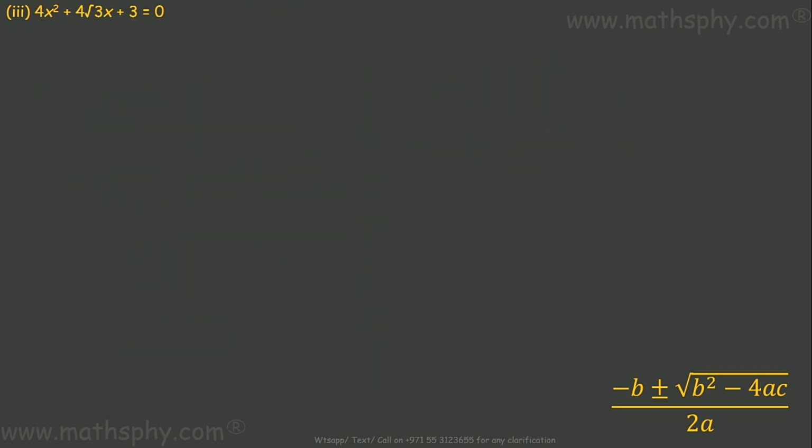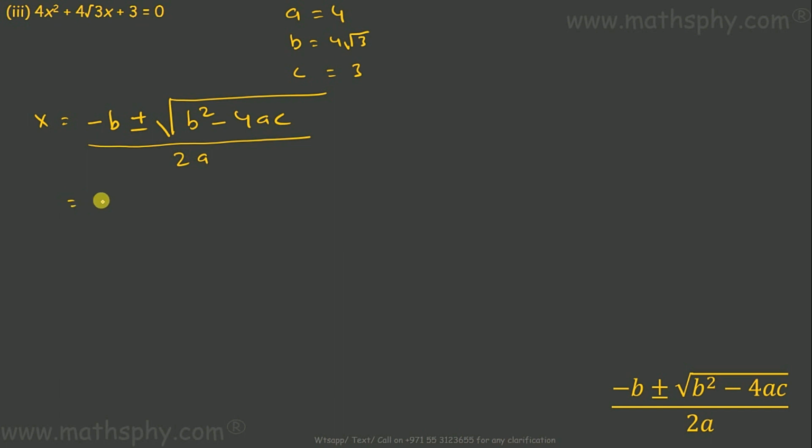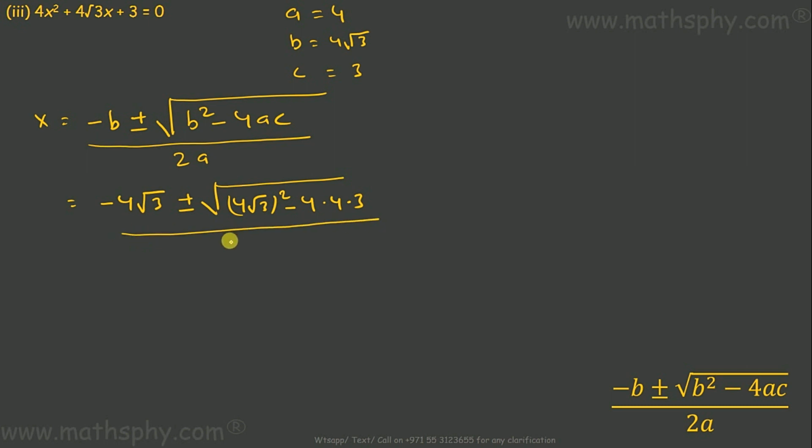This one here, a is 4, b is 4 root 3, and c is 3. X would be negative b, which means negative 4 root 3, plus minus root b square, which means 4 root 3 whole square, minus 4 into 4 into 3, over 2 into 4, which is 8.